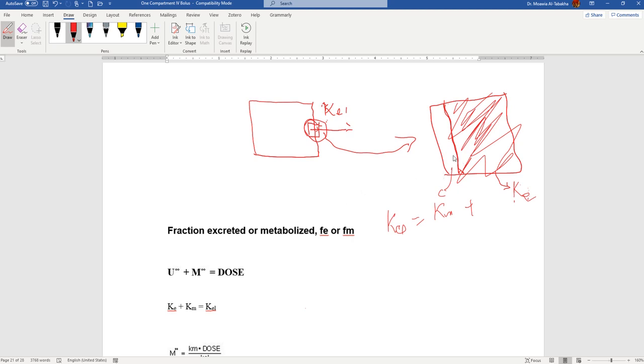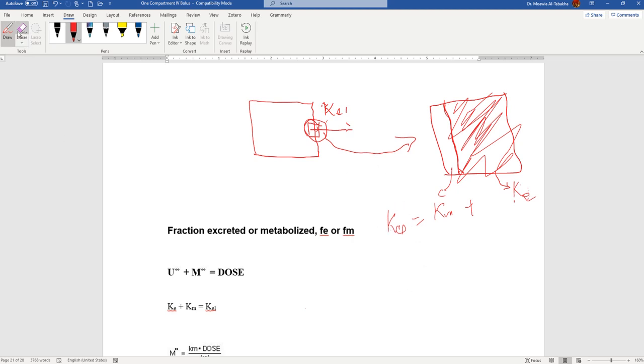It's not leaving the body easily. So if I keep giving the same dose at the same frequency, what will happen? The concentration of the drug in the system will be toxic. So I have to reduce, of course, the dose and the frequency of giving the drug, or I might need to change the drug itself. You got it? This is the concept that we'll be talking about.